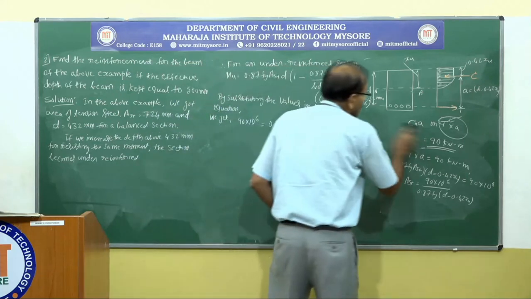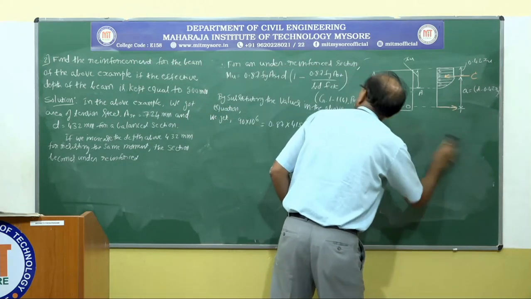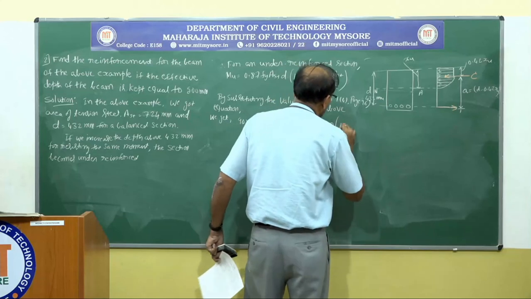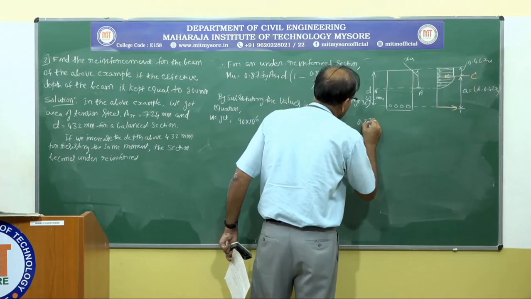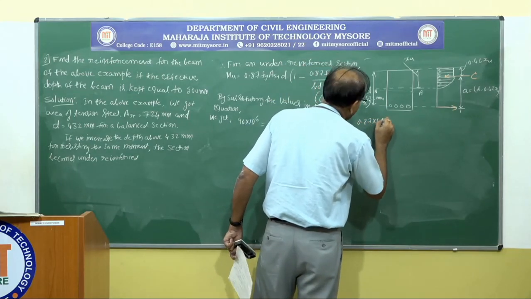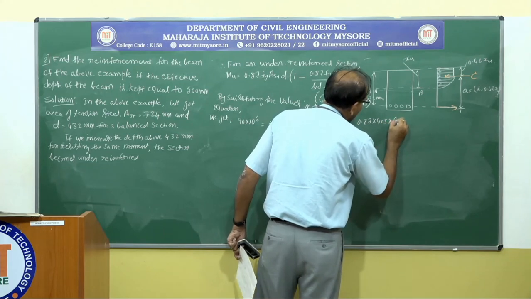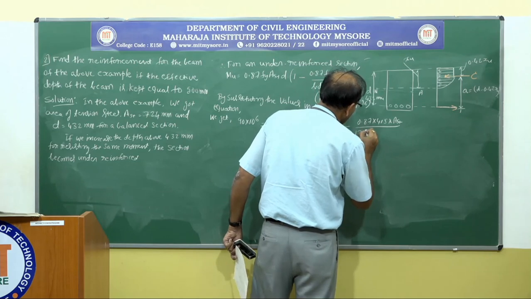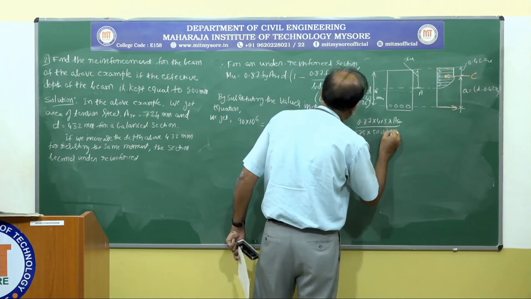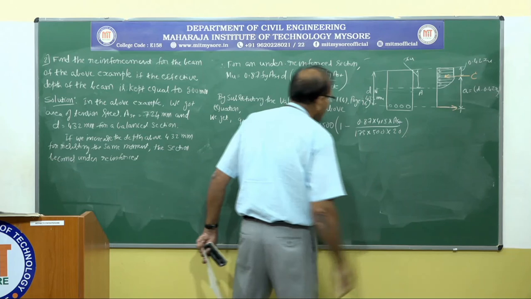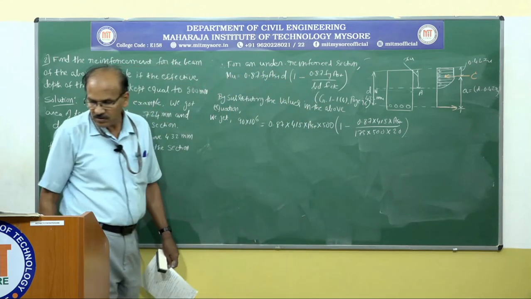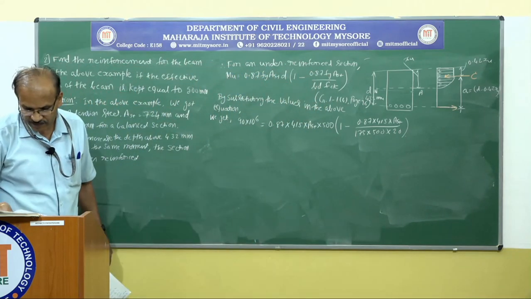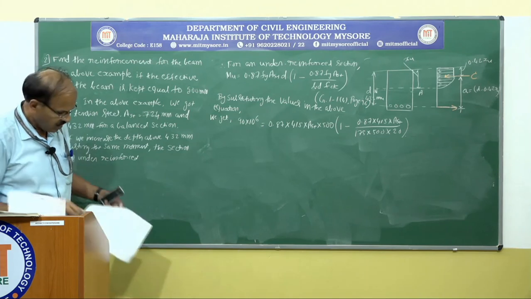Okay. One minus 0.87 into 415 into AST divided by B is 175, D is 500, into Fck, that is equal to 20. Okay.